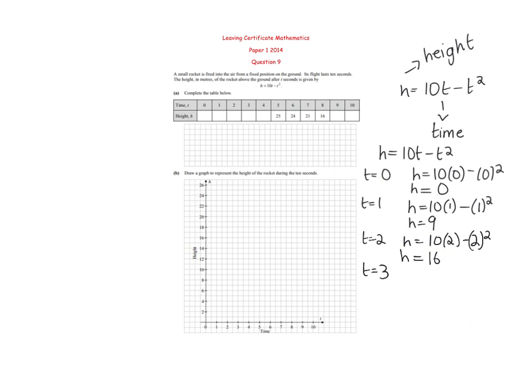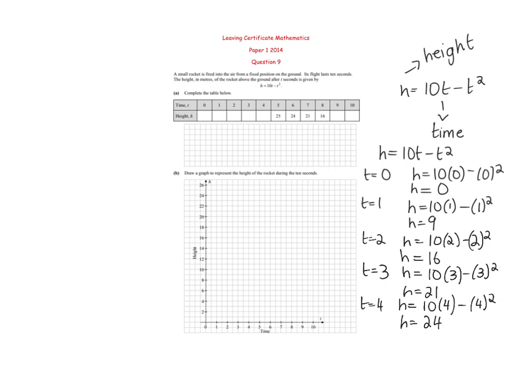T equals 3 is h equal to 10 times 3 minus 3 squared. That's going to give us an answer that h is equal to 21. T equals 4 then, we get h is equal to 10 times 4 minus 4 squared. That's going to give us an answer that h is equal to 24.